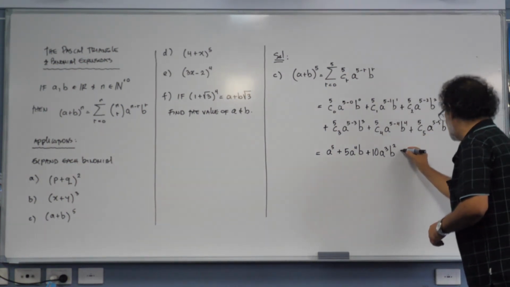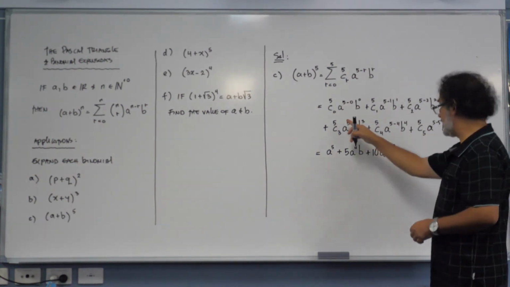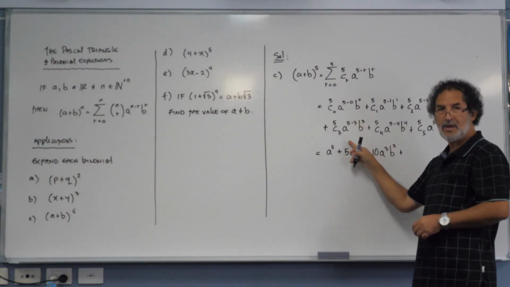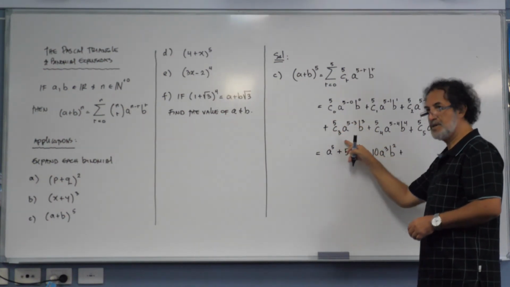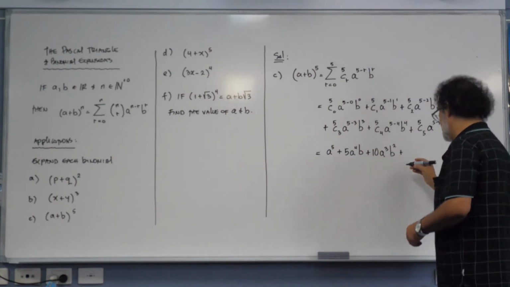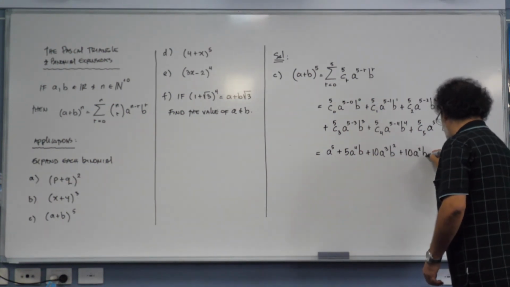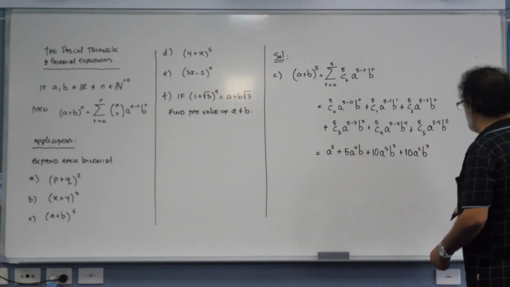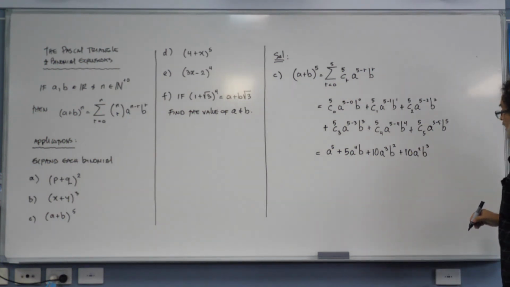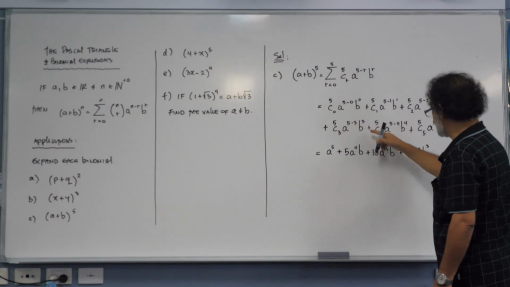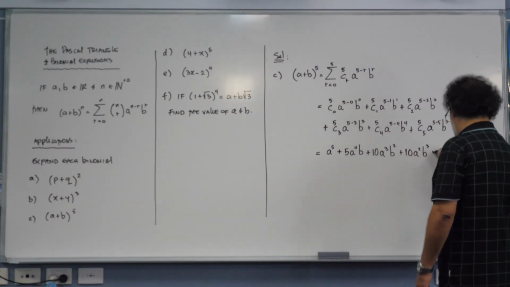And then the next one, 5C3. What's the answer 5C3? 10. So we're going to have 10a squared b cubed. And then we have 5C4. What's the answer 5C4? 5.